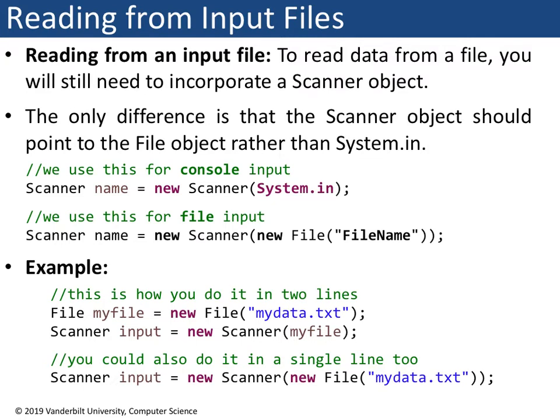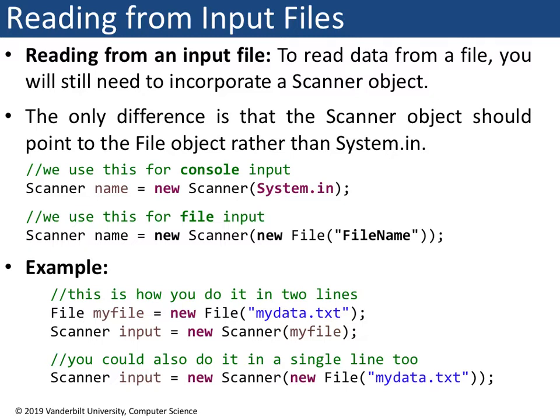We are creating a new file object which is going to allow us to look at the file located at file name, and this new file object is being passed as the parameter to this scanner constructor, which will then give us a new scanner object to be able to use to read the input in this file.